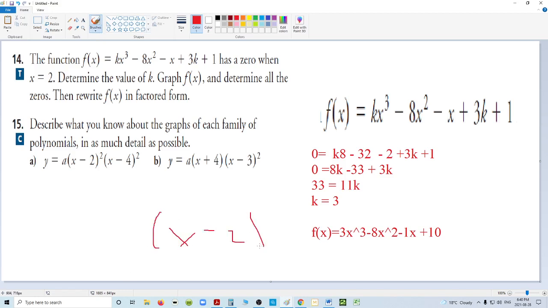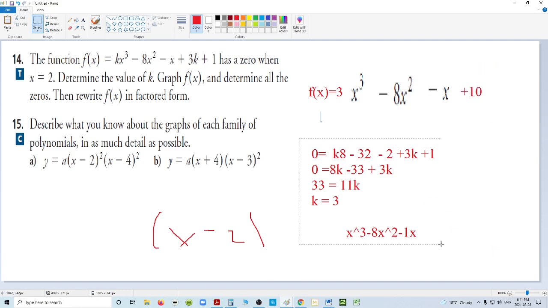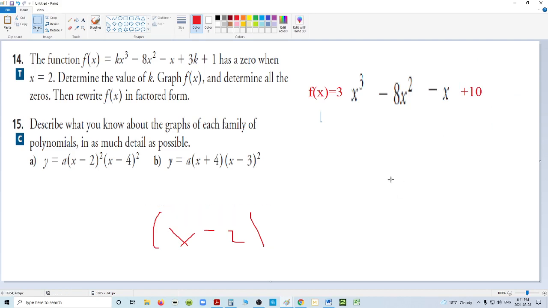So they essentially want to know what happens when I take 3x cubed minus 8x squared minus 1x plus 10. And I know one of the factors when y is 0 is x minus 2. So the question is, if I factor x minus 2, what do I get?